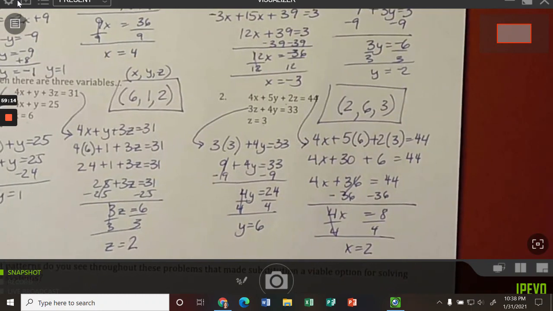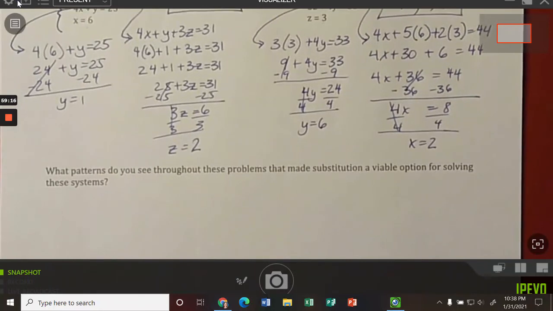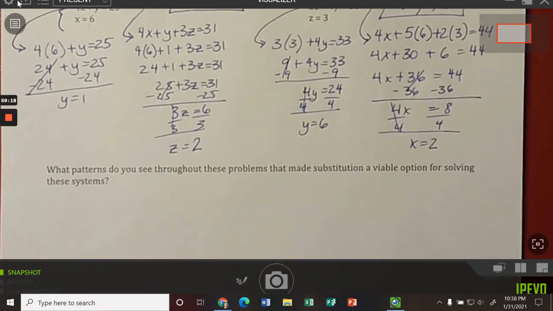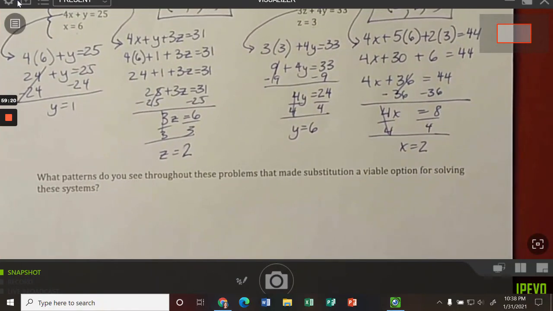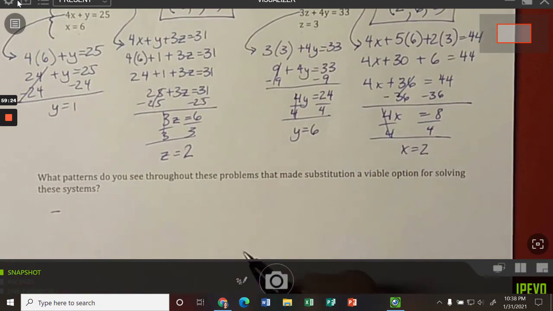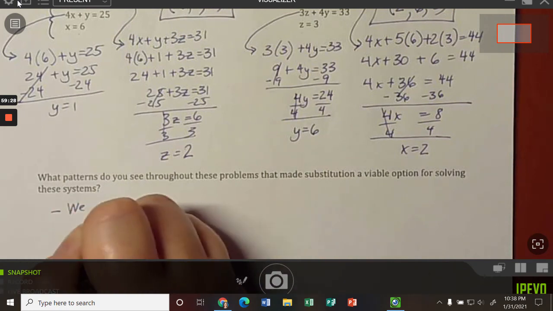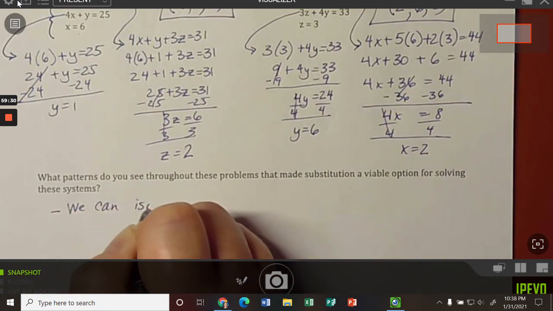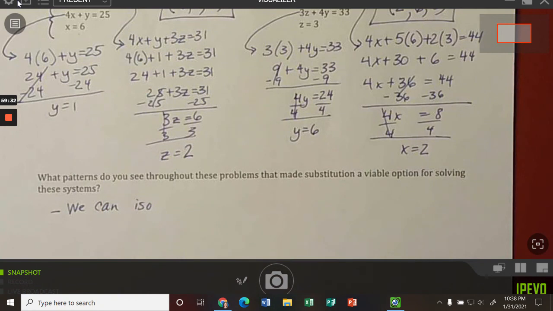So what patterns do you see throughout these problems that make substitution a viable option for solving these systems? So it's helpful. We can substitute. We can isolate a variable to substitute into one of the other equations to make a one variable equation.